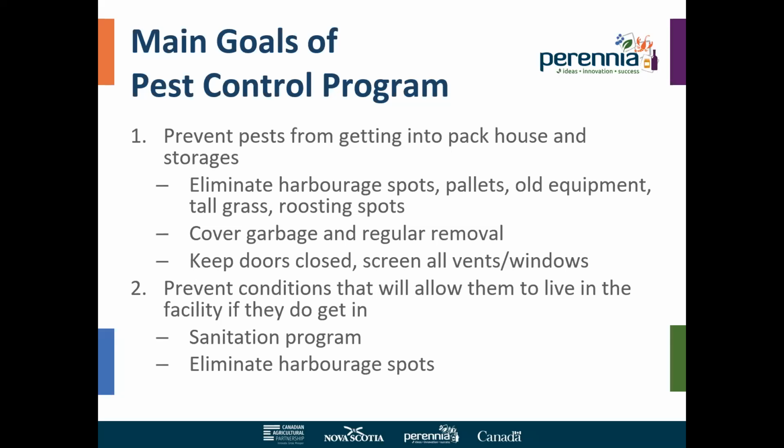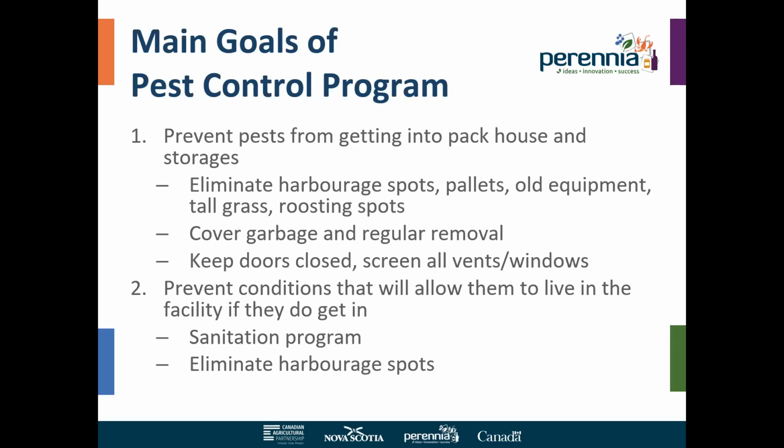So what are the main goals of pest control? There are two main goals. First of all, we want to prevent these pests from getting into our pack house or our storages. And of course, we already talked about sanitation, right? If we keep our pack house and our storage areas in pristine, clean condition, this is going to eliminate them coming in.